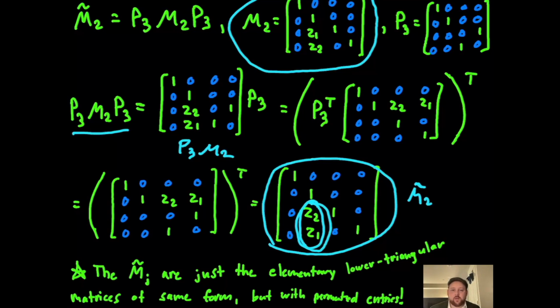It's not a proof, but it's evidence for the idea with these M2 tildes and M3 tildes: they are again elementary lower triangular matrices of the same form, but a couple of the entries have been permuted, so that we can do the same things we did in the Gaussian elimination case with no pivoting.